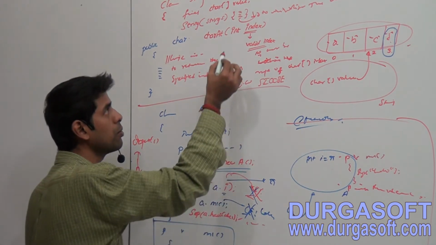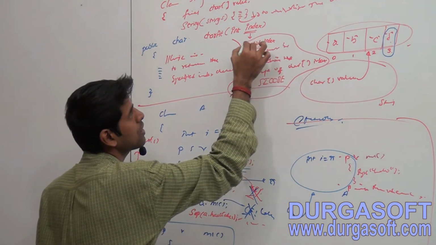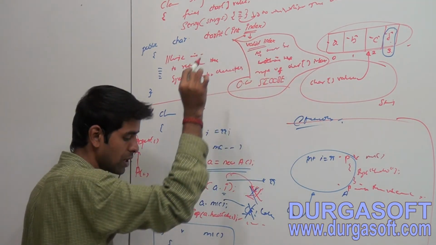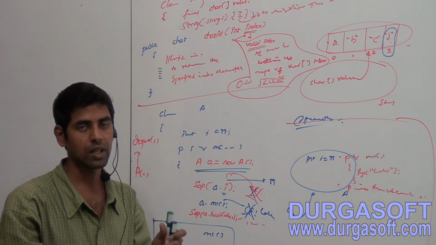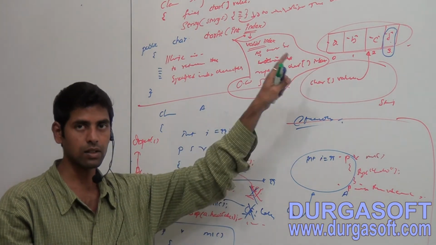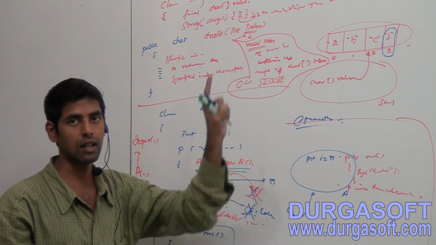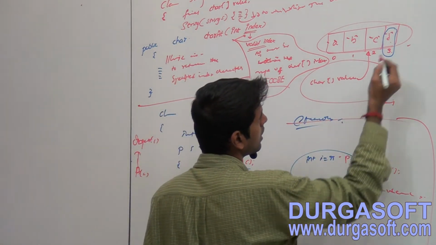This argument must be within the range of valid index, that is, it should be a valid index. Today it is just index 3.